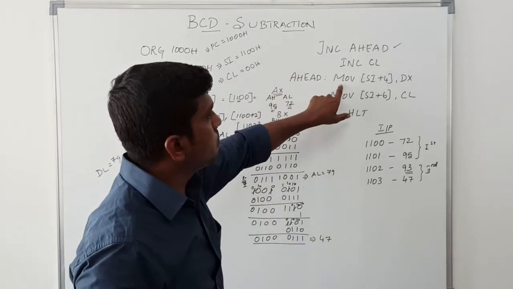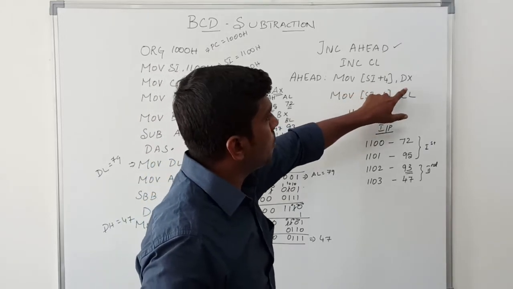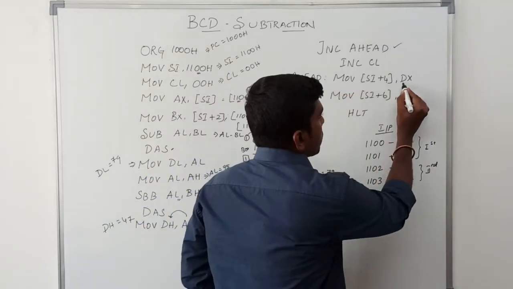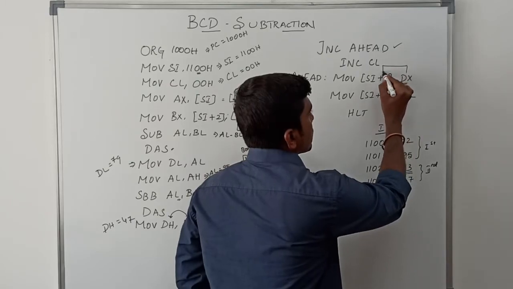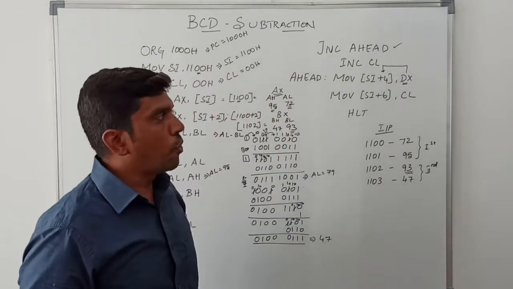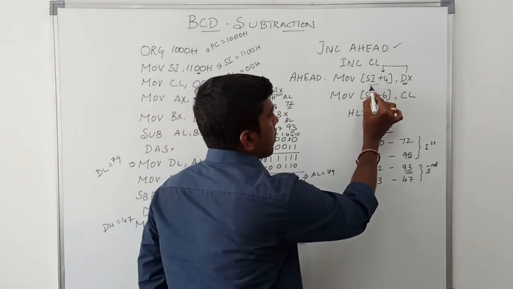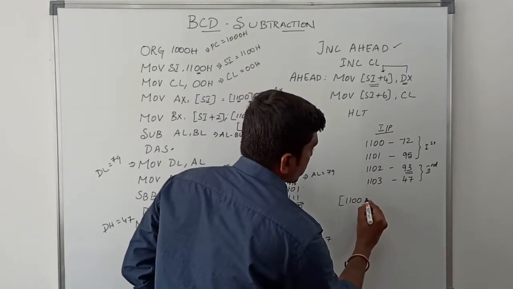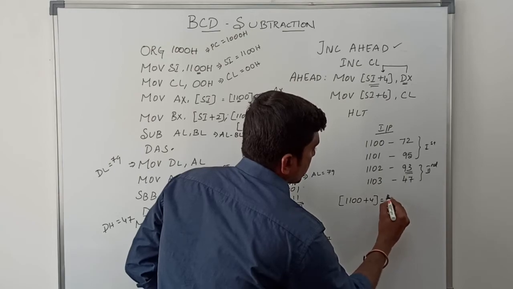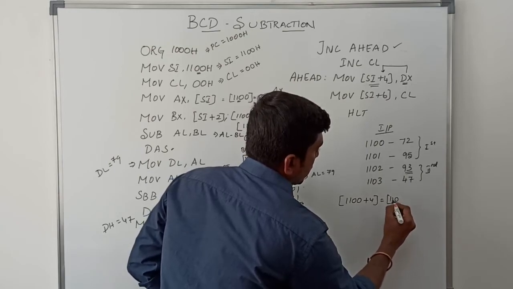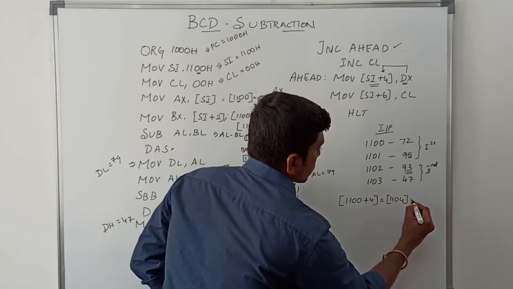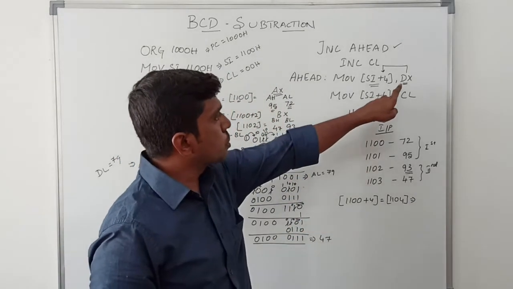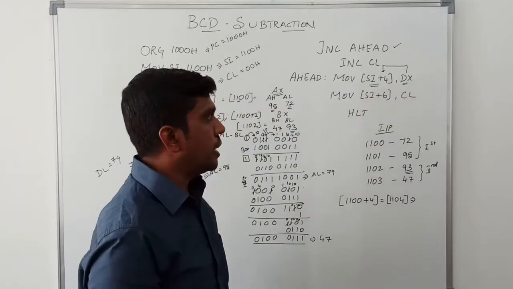Here the instruction is MOV [SI+4], DX. Whatever value is present in DX, this content is transferred to SI plus 4. SI plus 4 is the memory location. Here the SI value is 1100 plus 4, so you get the new memory location 1104. In this memory location you store the data from the DX register.